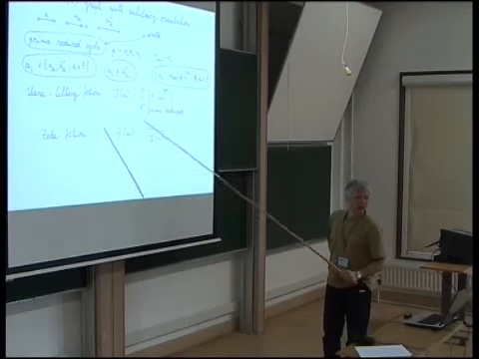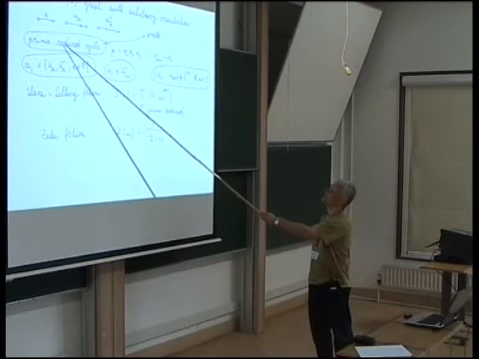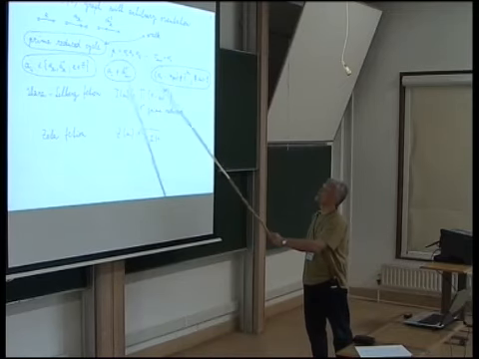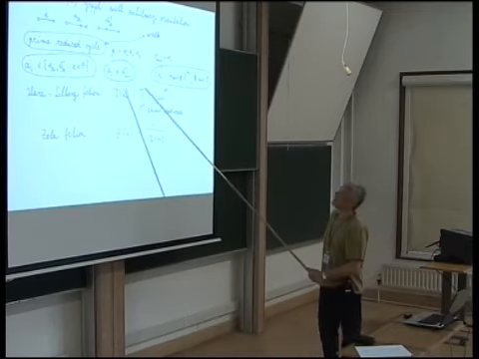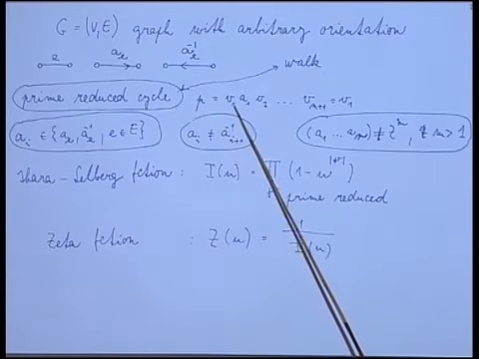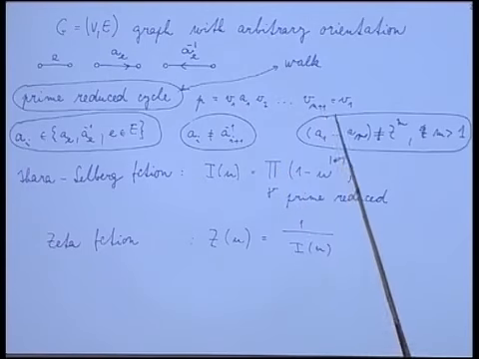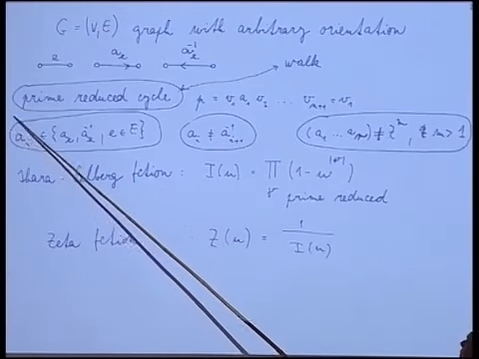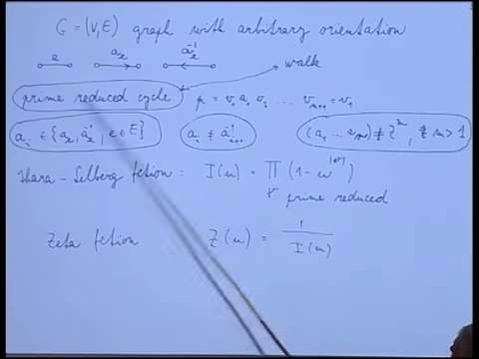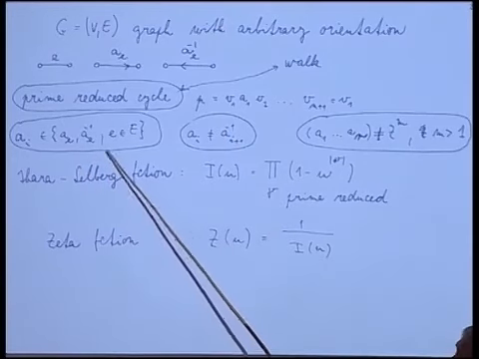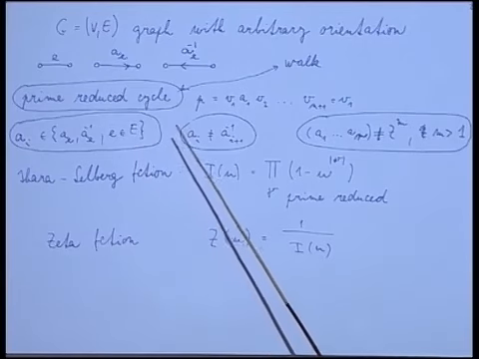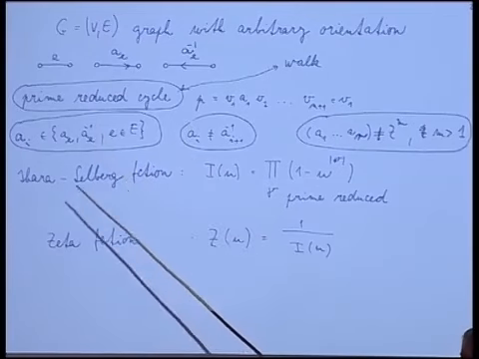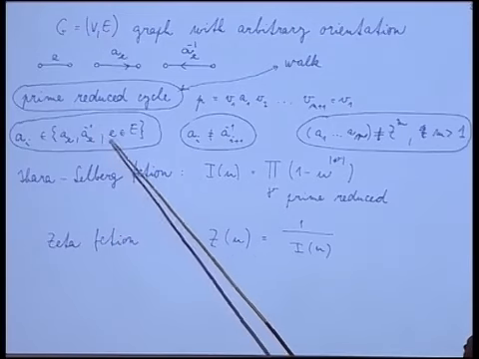Then the basic object is a prime reduced cycle, or one can take, say, a prime reduced closed walk. It is just a sequence of vertex, directed edge, and so on, which ends in the same vertex. These AIs are just directed edges, but you can also go against the orientation of the edge. It's good to have a fixed reference orientation.